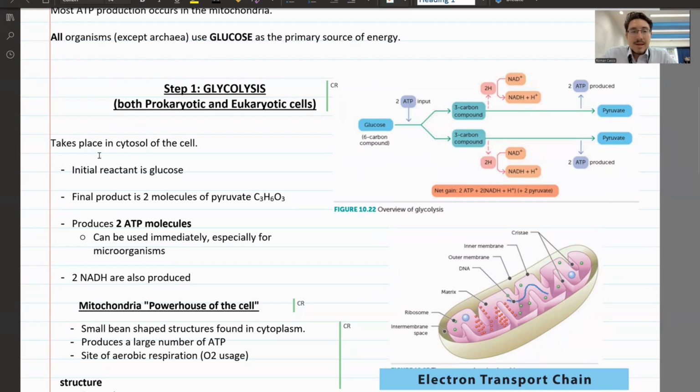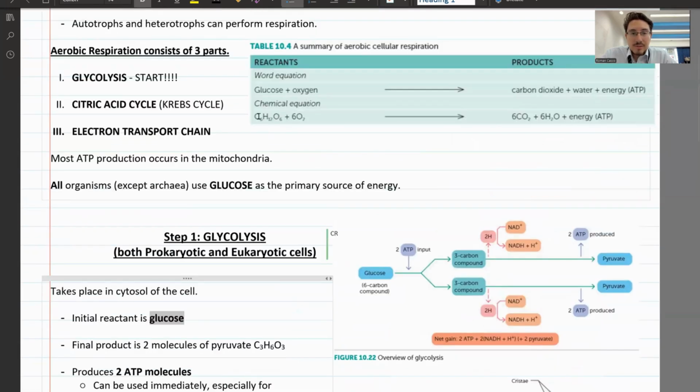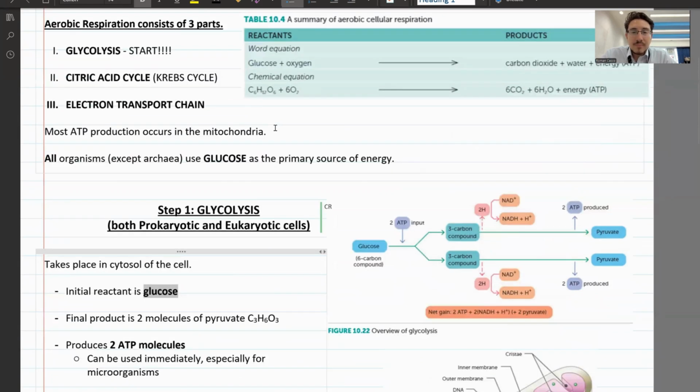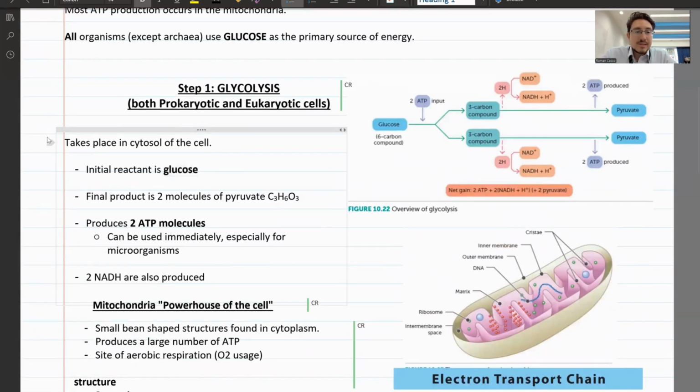Okay. And again, here you have your initial reactant. If we go to our chemical equation, you have your sugar molecule here, your glucose molecule. And what happens is that this glucose is essentially broken down to produce an intermediate molecule.